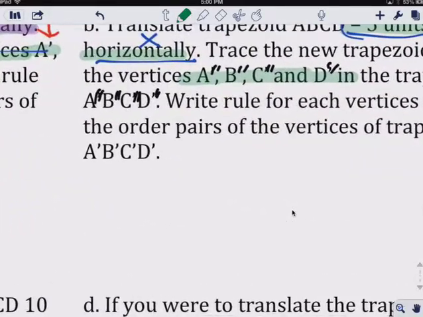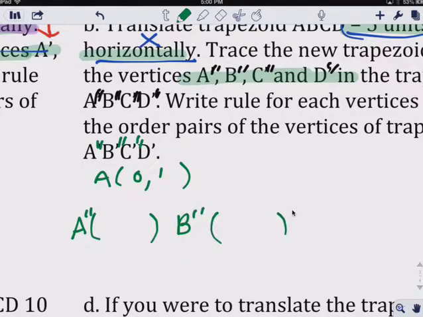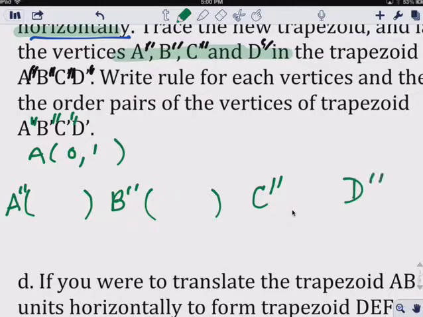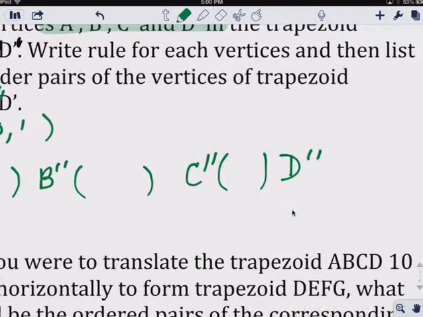Okay, A is 0, 1. Oh, this is double prime. So A double prime, B double prime, C double prime, D double prime. I want the ordered pairs for them.